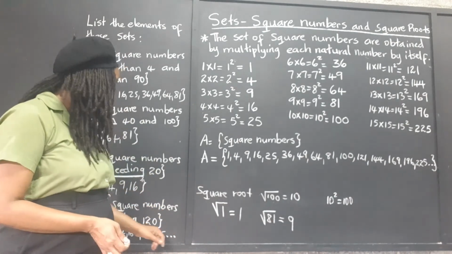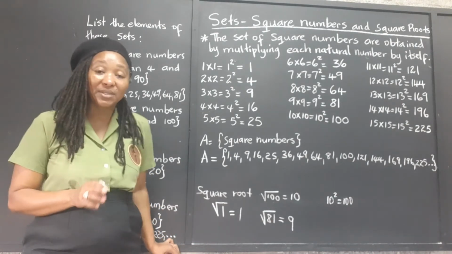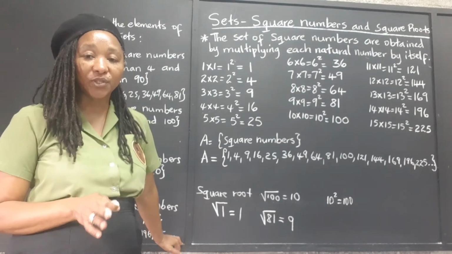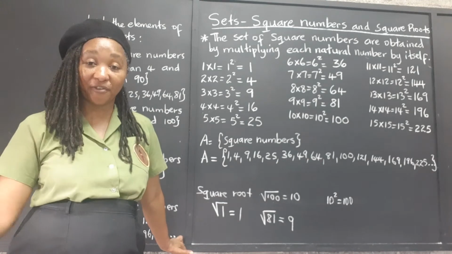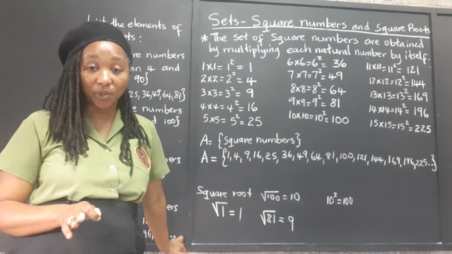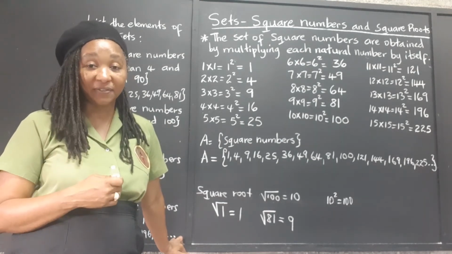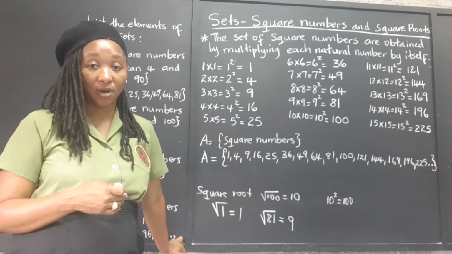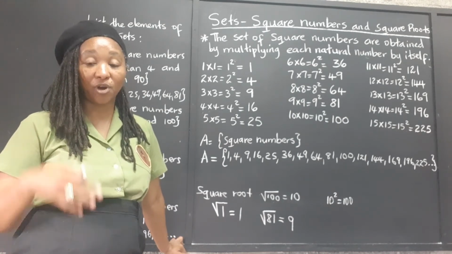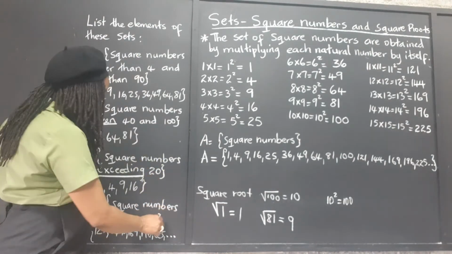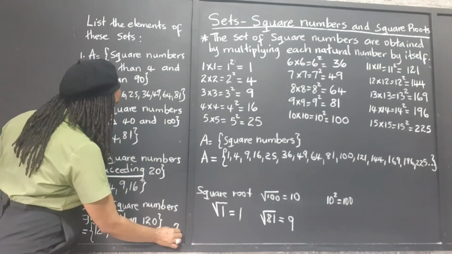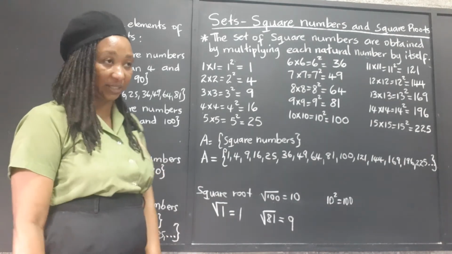But we're also saying, listen, we are not able to list all the square numbers that are greater than 120 because they continue forever and we don't have that amount of time in our lifetime, our children's lifetime, our grandchildren's lifetime to list those numbers. So we just put our ellipses and we close our curly brackets.